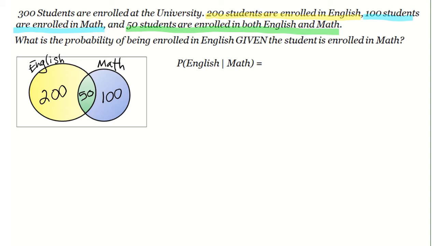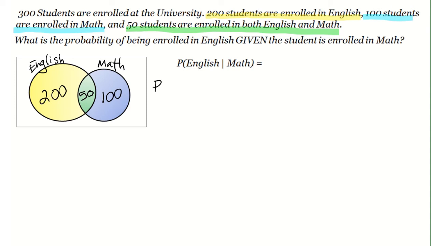So we want to know what is the probability of being enrolled in English given the student is enrolled in math. So before we solve that, let's just look at the probability of each of these events.